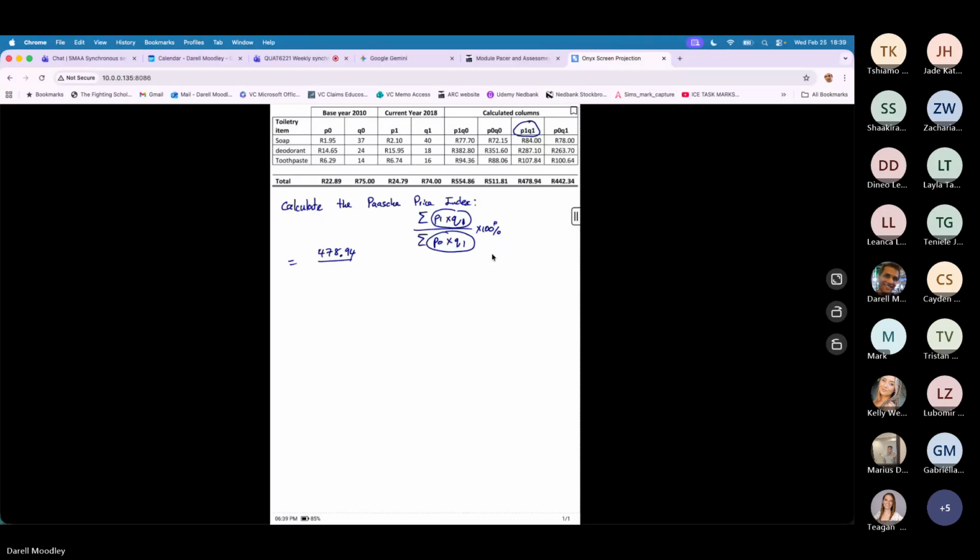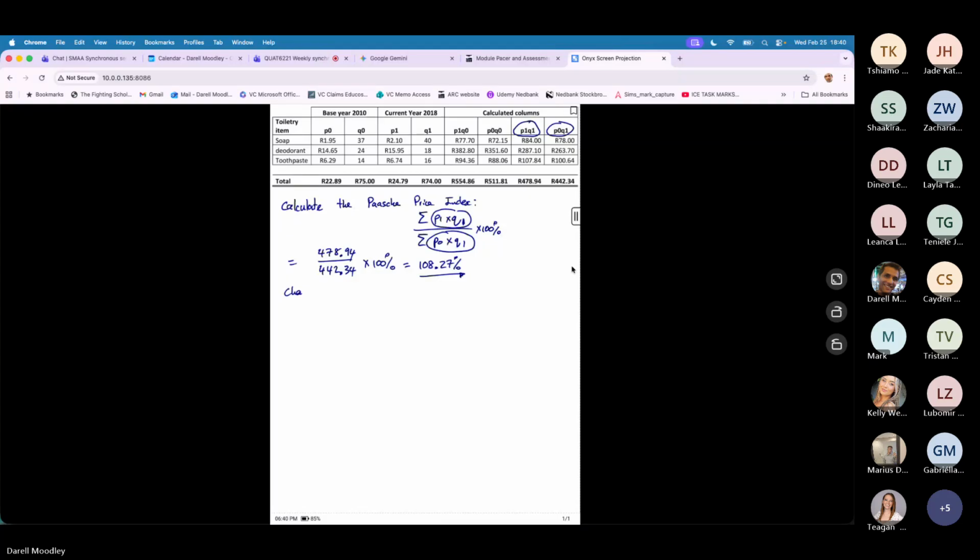And that total is 442.34. And multiply that by 100%. Okay. And if you work that out, you'll get a value of 108.27%. That's the index.